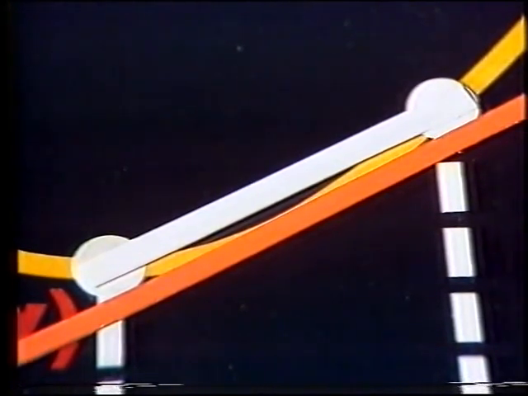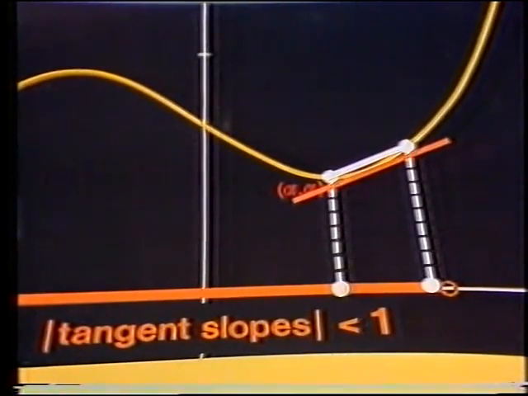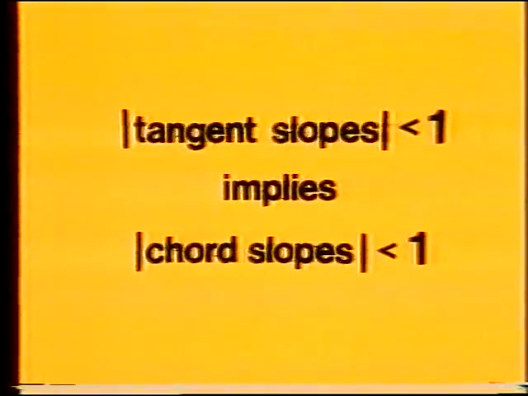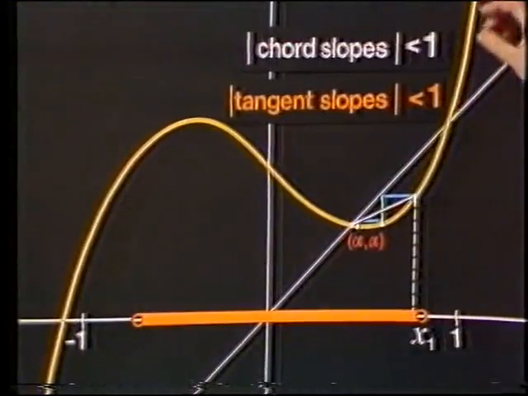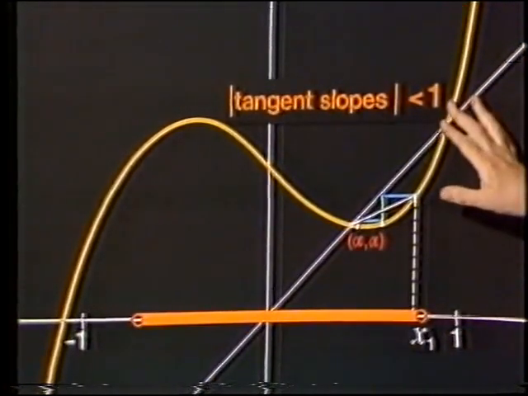And that point of attachment also lies within the original interval. So the slope of that tangent has modulus less than 1. Therefore, the slope of the parallel chord we want to know about also has modulus less than 1. So modulus of tangent slopes less than 1 implies modulus of chord slopes less than 1. So we can replace the impossible chord slope condition by an easier tangent slope condition.